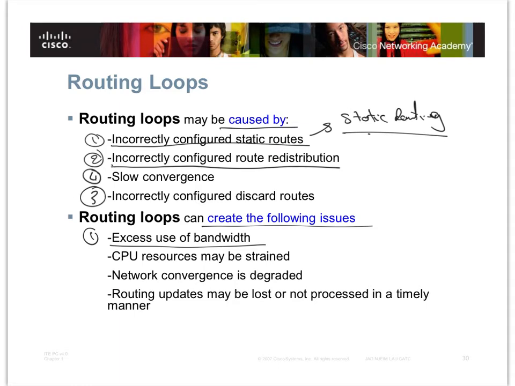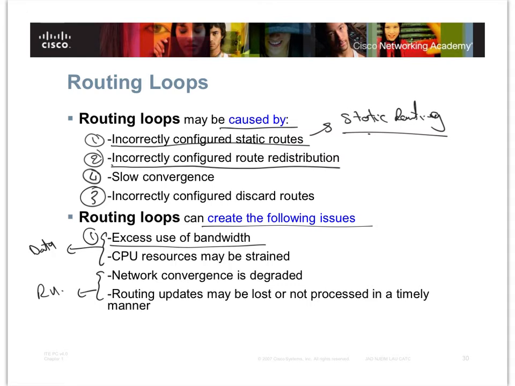Remember, these two talk about the data, and these two talk about route updates, and I will explain this now. Excess use of bandwidth happens because packets are routed incorrectly, so they keep being sent inside the network and utilize a significant amount of bandwidth unnecessarily.